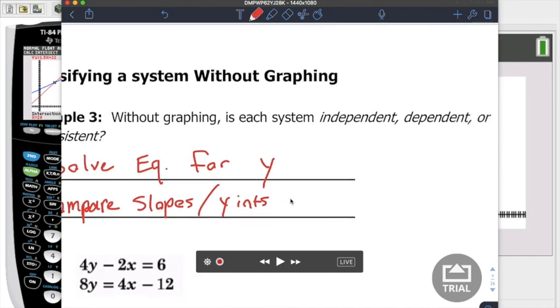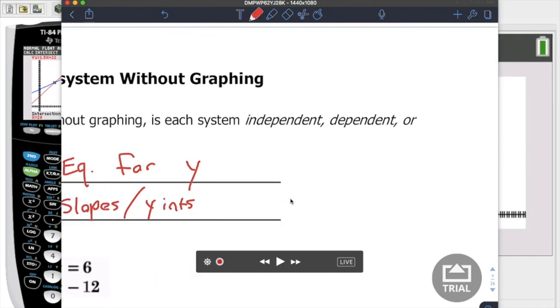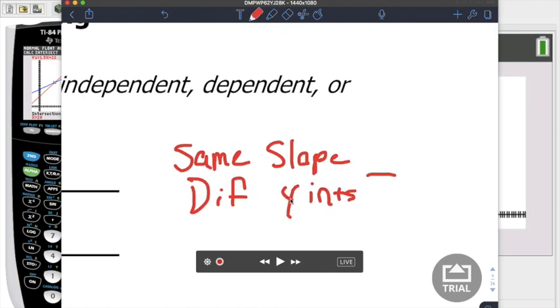So think about this here. If you have the same slope and you have different y-intercepts, that means you have two parallel lines, and parallel lines we said never cross, so that would be your inconsistent.